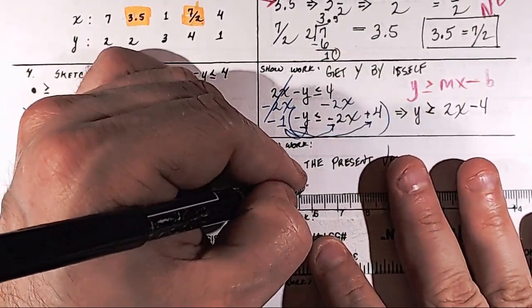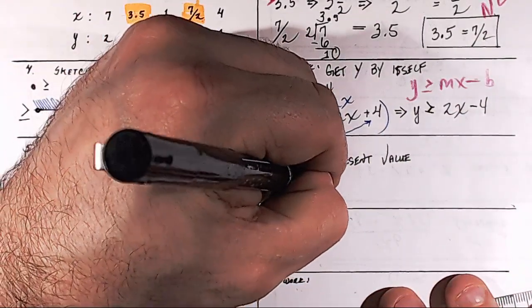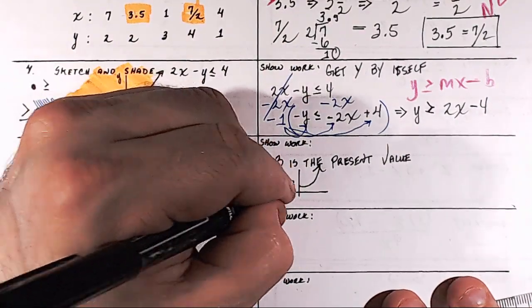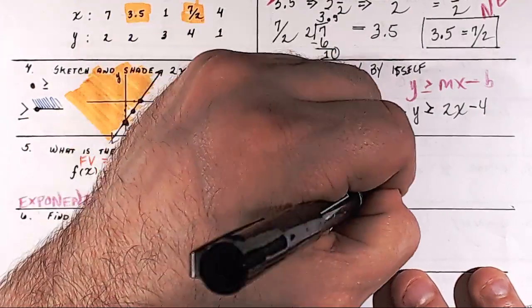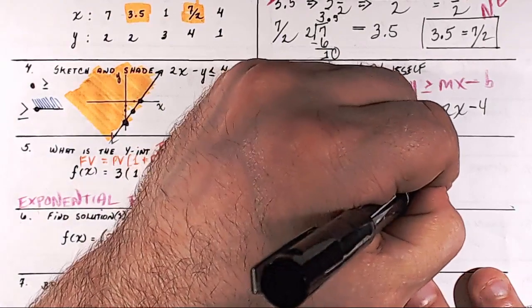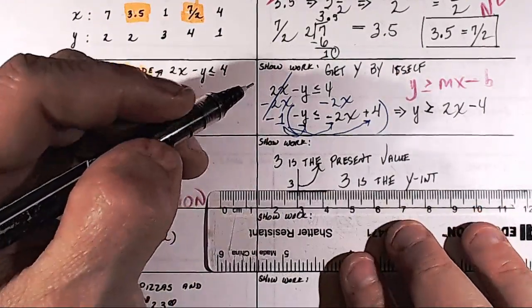It really does not have to be a masterpiece. And then kind of a curve going off like that, and you put a little 3 right there. Say 3 is the y-intercept. Put that in a box.